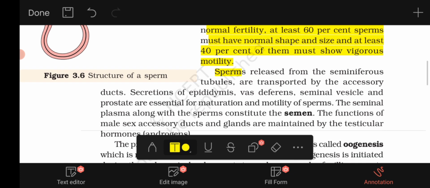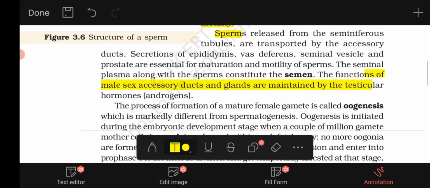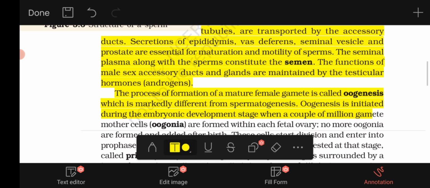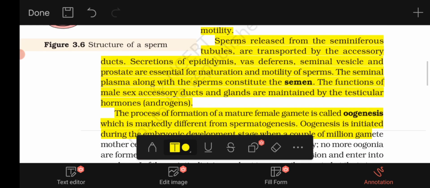Sperms released from seminiferous tubules are transported by accessory ducts. The secretions of epididymis, vas deferens, seminal vesicles and prostate are essential for maturation and motility of sperms, because their secretion acts directly on sperm, whereas the bulbourethral or Cowper's gland helps in lubrication of the penis and not in maturation and motility of sperms.